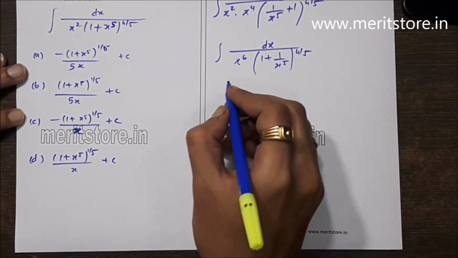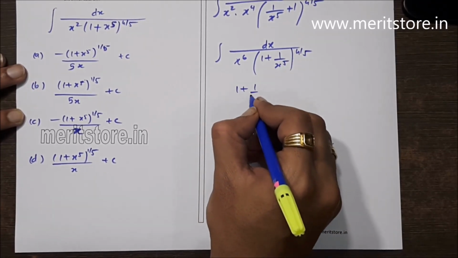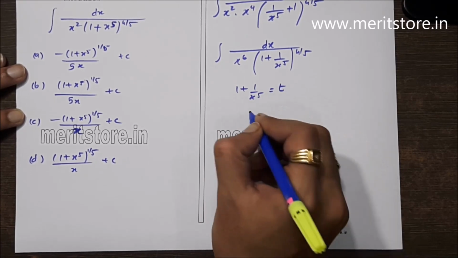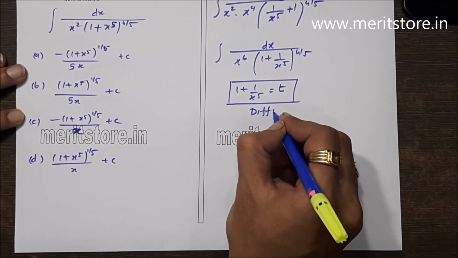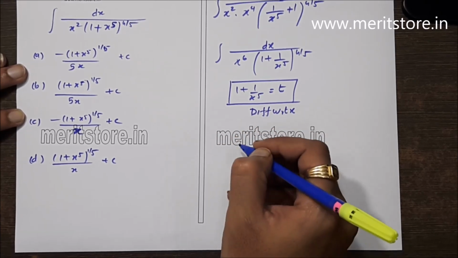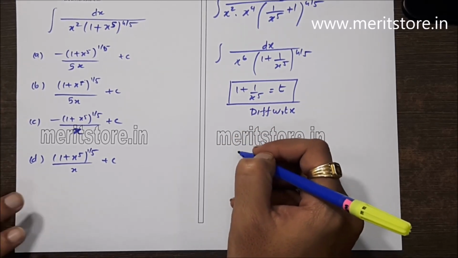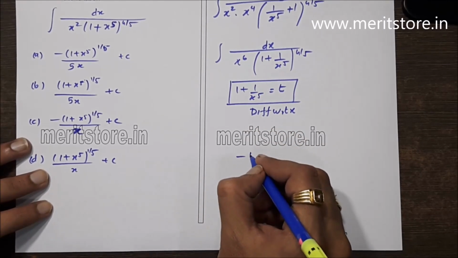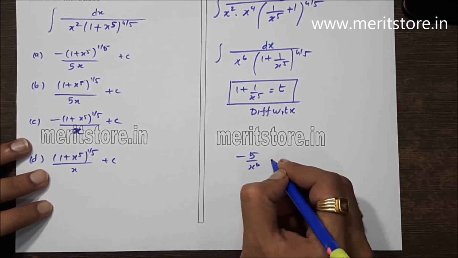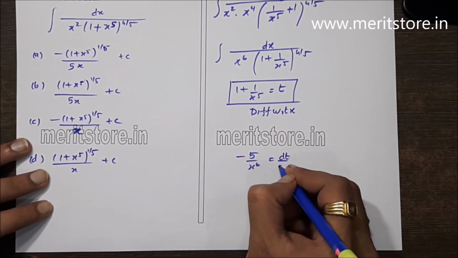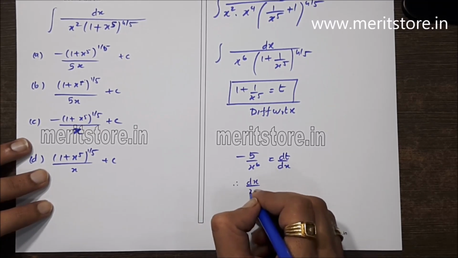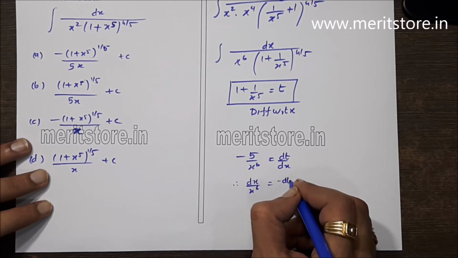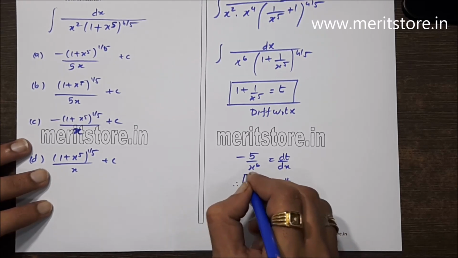Taking this term as t, 1 plus 1 upon x raised to 5 equals t. Differentiating with respect to x, what we'll get is minus 5 upon x raised to 6 equals dt by dx. Therefore, dx upon x raised to 6 is equal to minus dt upon 5.